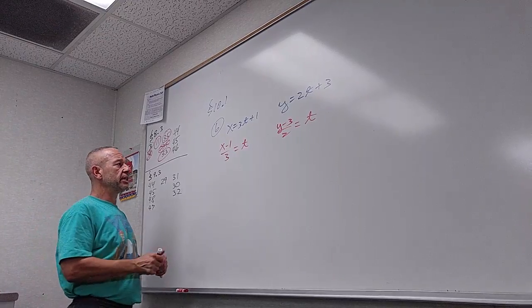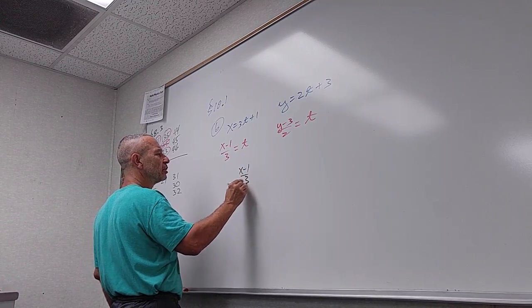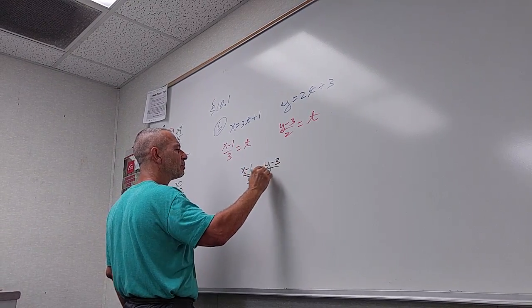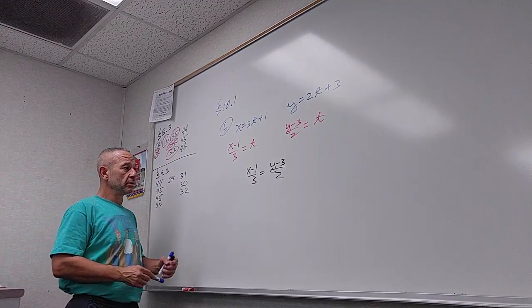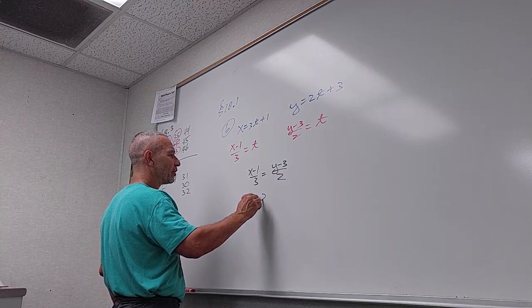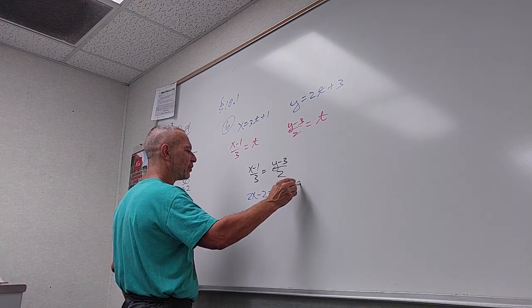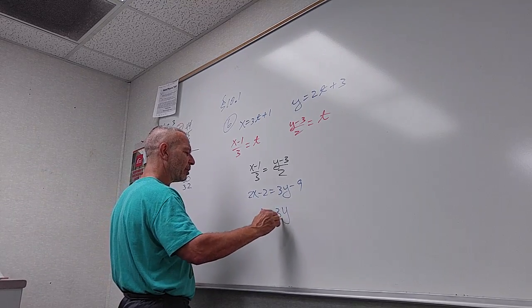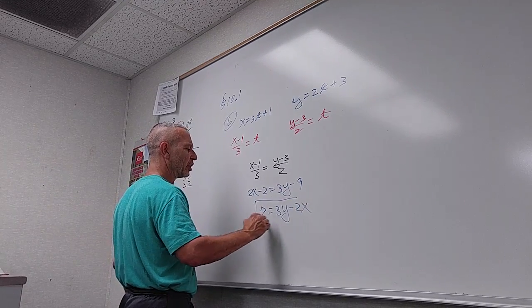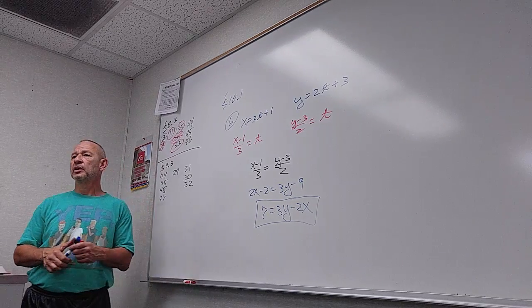So evidently, (x minus 1) over 3 equals (y minus 3) over 2. And so 2x minus 2 equals 3y minus 9, or 7 equals 3y minus 2x. So we're just going to get a straight line here, aren't we?